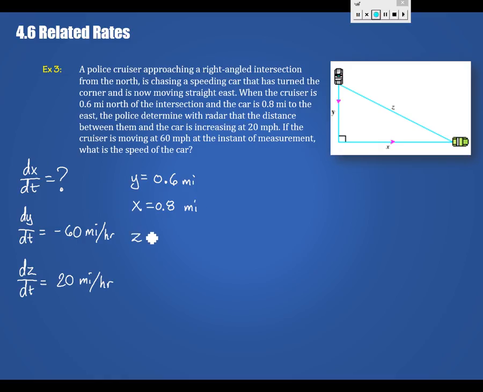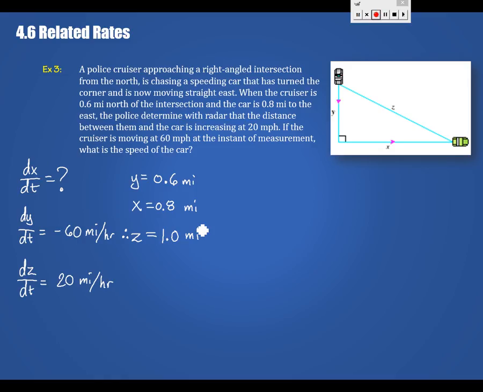Could we know z if we wanted to? It's not given, but I think I might know it off the top of my head if I know my Pythagorean triples. It happens to be 1. Work it out though if you don't believe us. Yeah, 6, 8, 10.